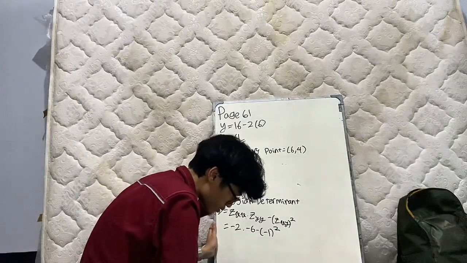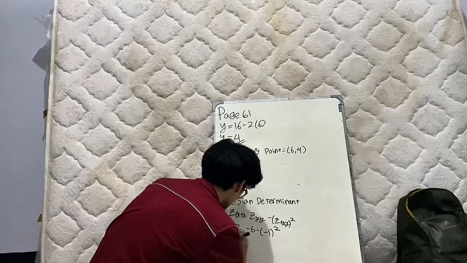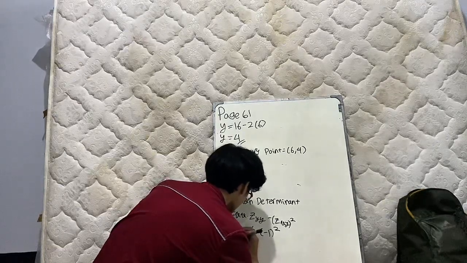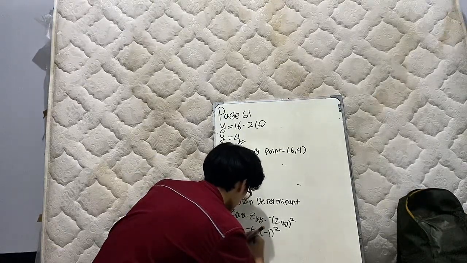From this, we find that the Hessian determinant is 11.